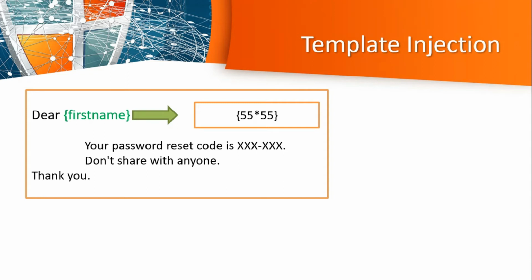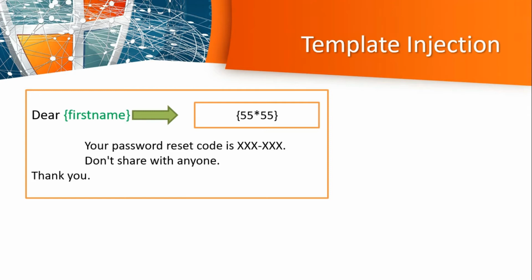Now I'm giving a basic payload: 55 into 55. If I enter 55 into 55, the output would be the multiplication of the numbers, because the template engine renders this input as a multiplication.